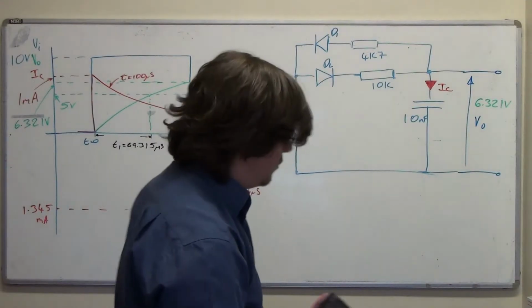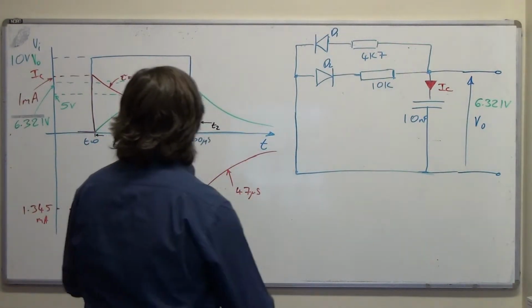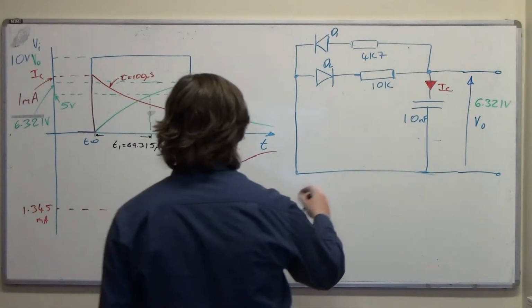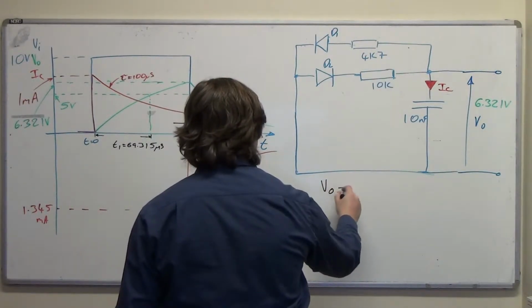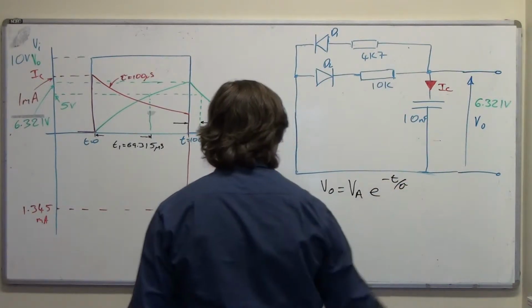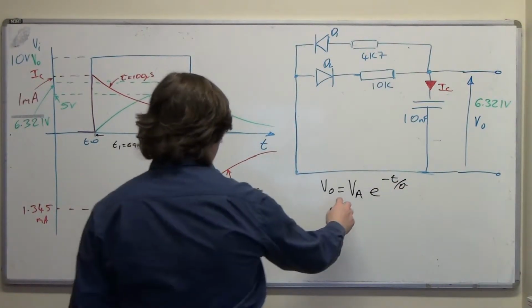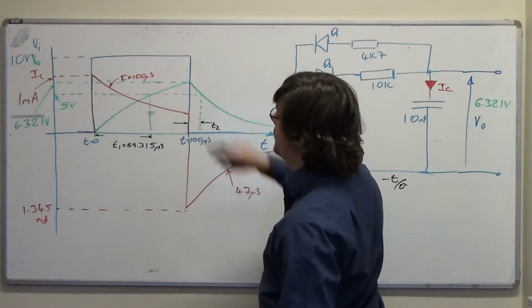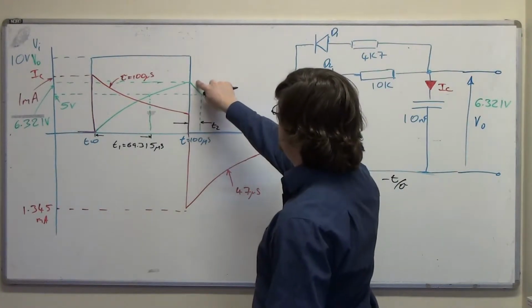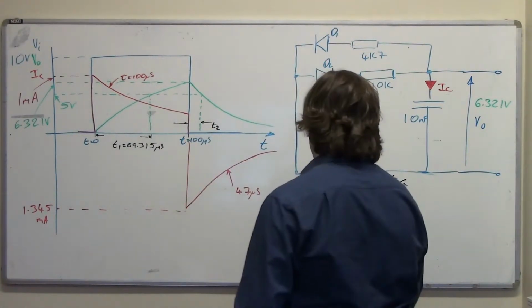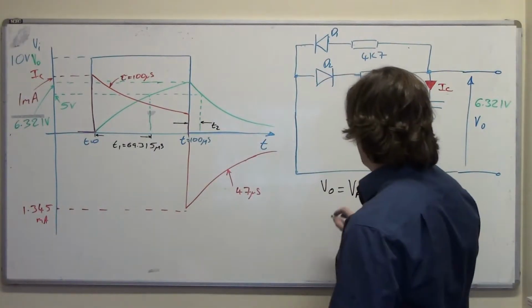Just like in question 6 part A, we've got an equation for this exponential too, and that's going to be V out is equal to VA e to the minus t upon tau. And VA in this situation is 6.321, because this is the point that this voltage is decaying from, and it's decaying down towards 5 volts.